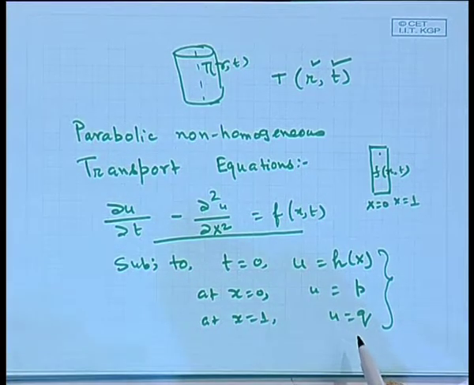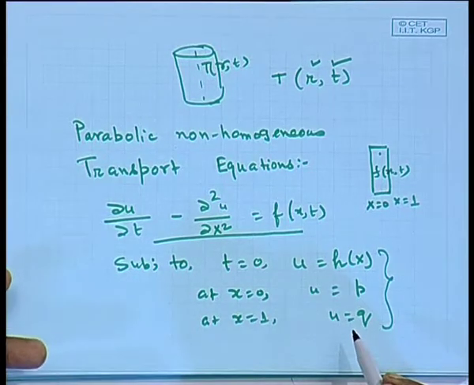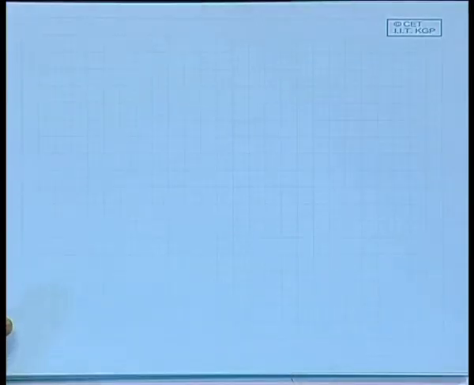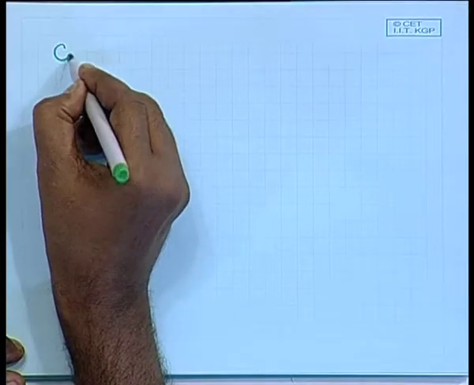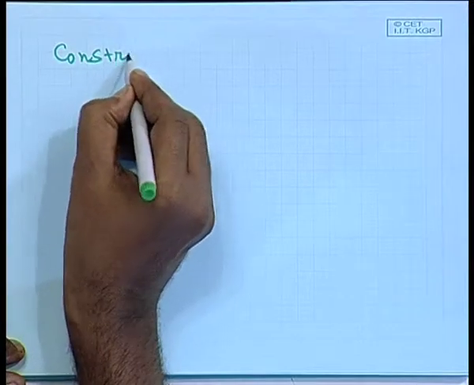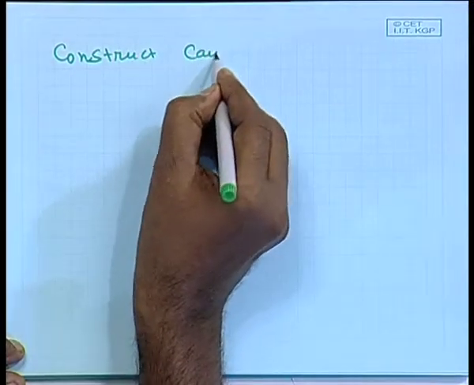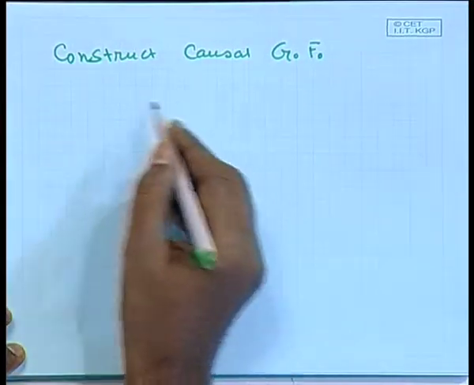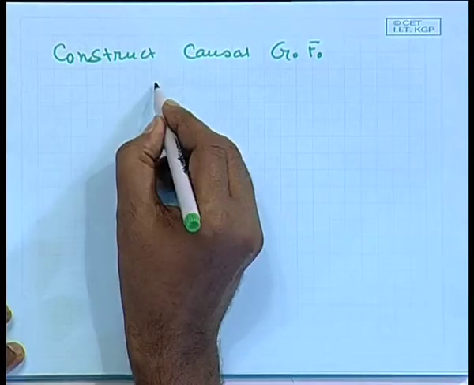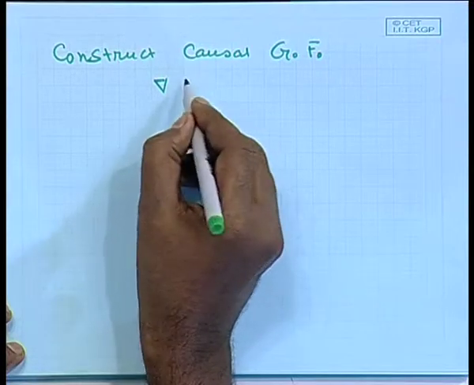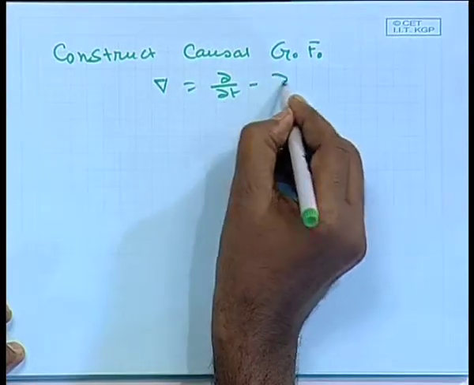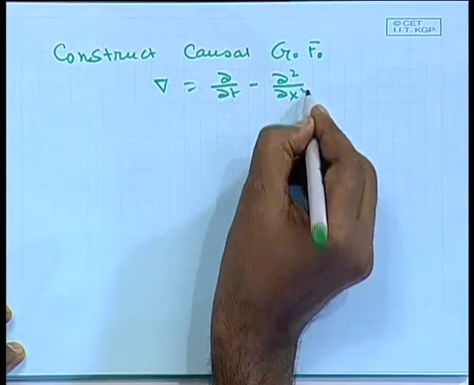So, the first step of this kind of problem is you have to construct the causal Green's function. What is the causal Green's function? The operator is basically del del t minus del square del x square.